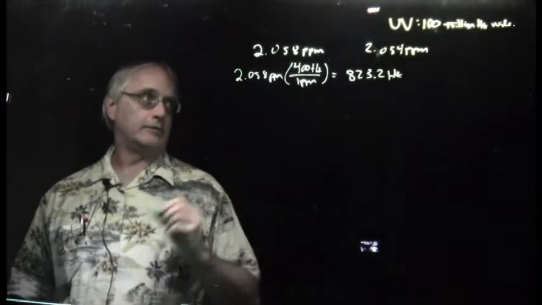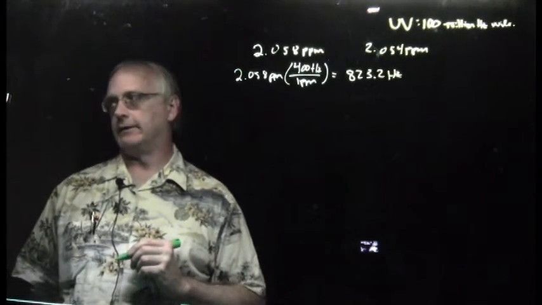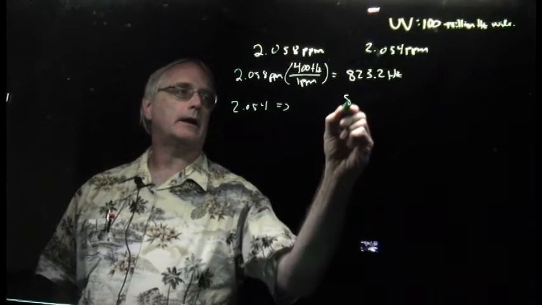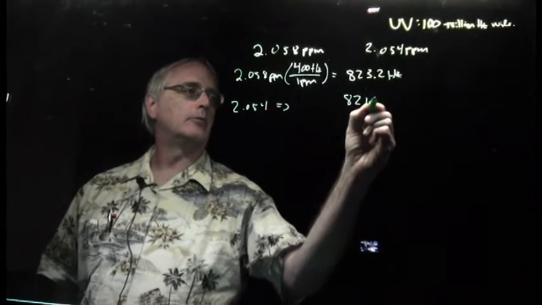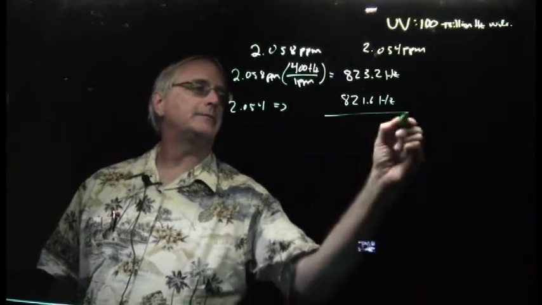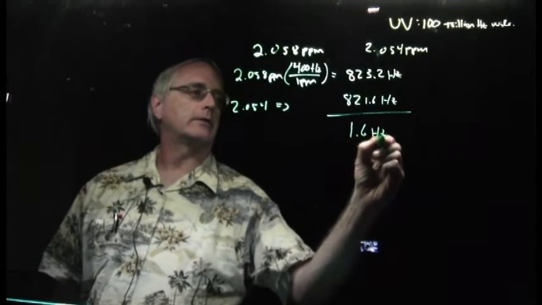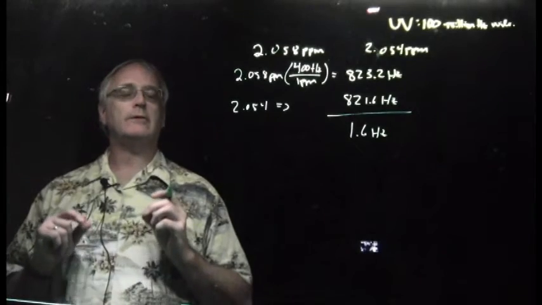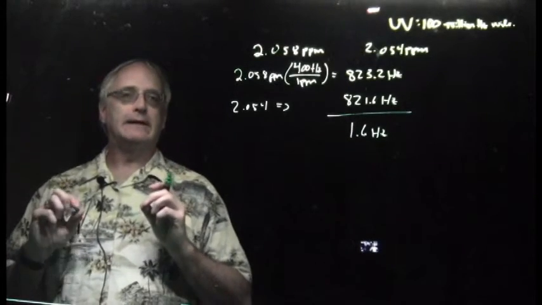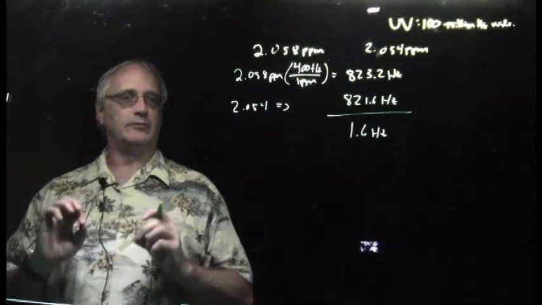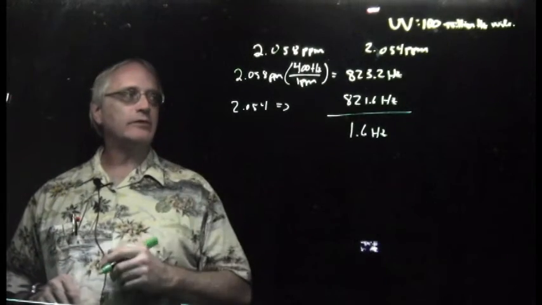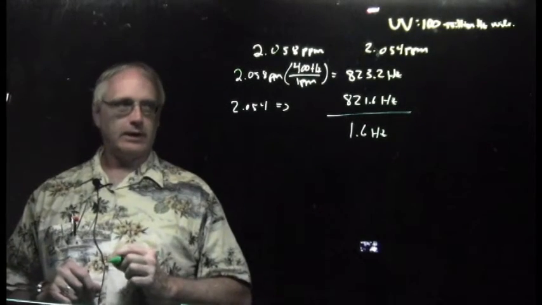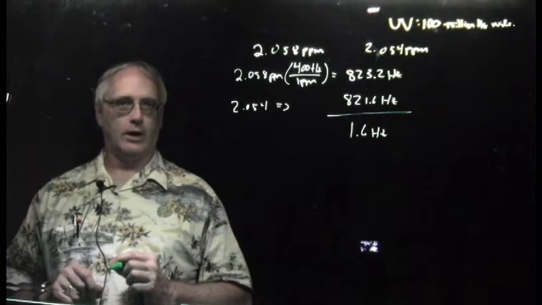If I repeat that with the 2.054 ppm value, I get 821.6 hertz. The difference between those two numbers is 1.6 hertz. Look at that number for a moment. Compare that with the ultraviolet absorption peak, which was 100 trillion hertz wide. This NMR peak is 1.6 hertz wide.